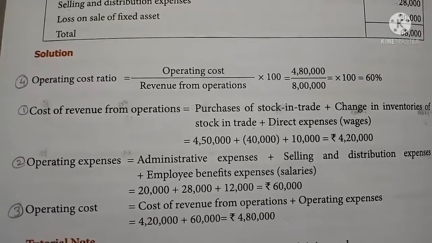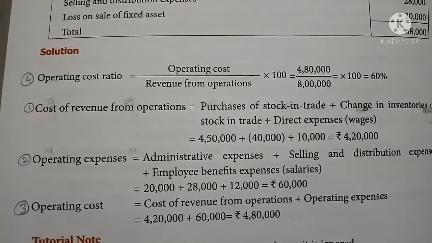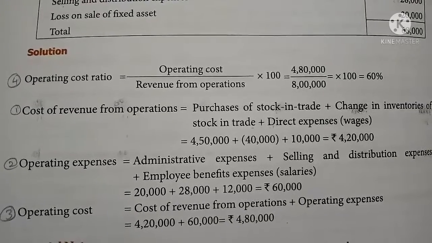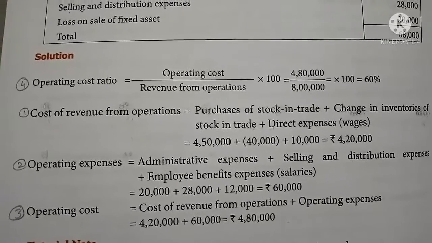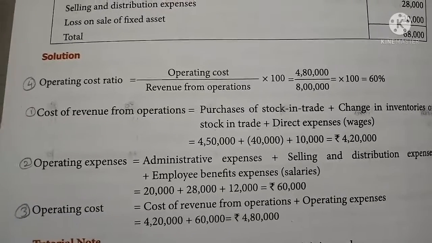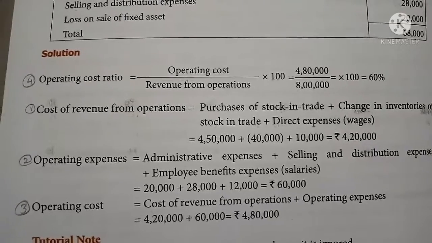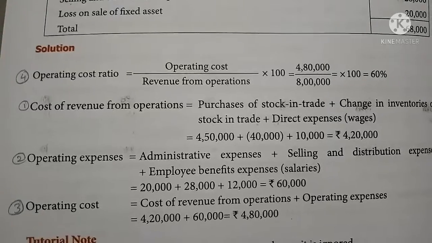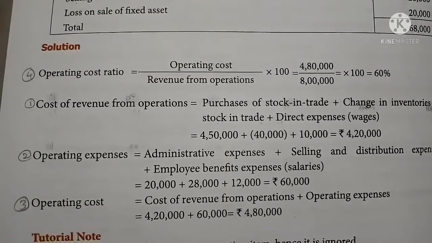So when we simplify it, 4,50,000 minus change in inventories, because the change in inventory is a negative value in this sum, you can subtract: 4,50,000 minus 40,000 is 4,10,000, then plus direct expenses 10,000. So the total value of cost of revenue from operation is 4,20,000.